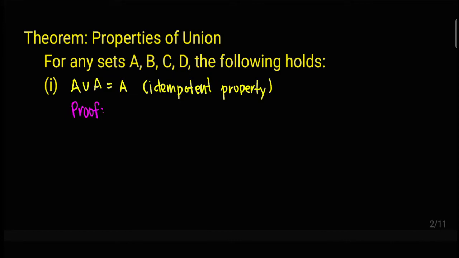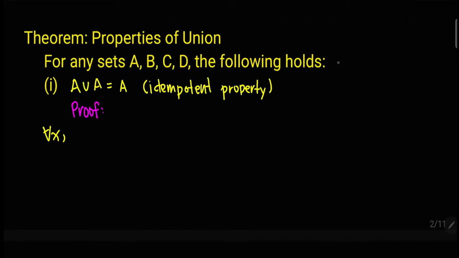So how do we show that mathematically? To prove it, we state for every X. Since we want equality between the left-hand side and the right-hand side, remember, to show equality of sets, all you need to do is to show that they have the same elements.